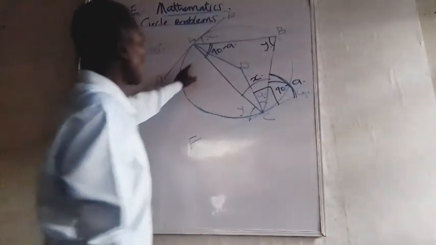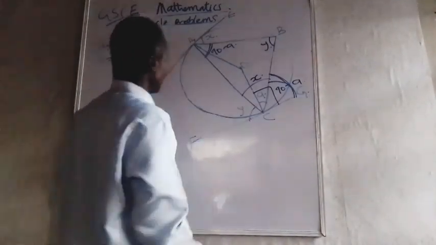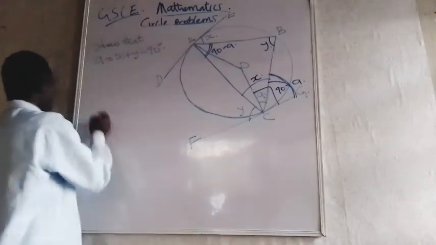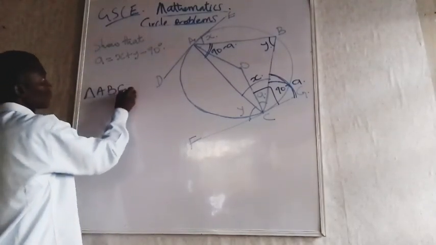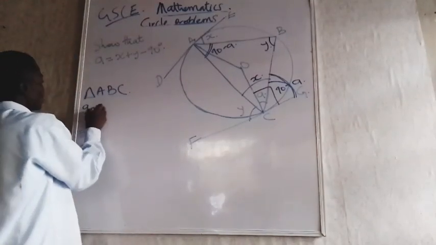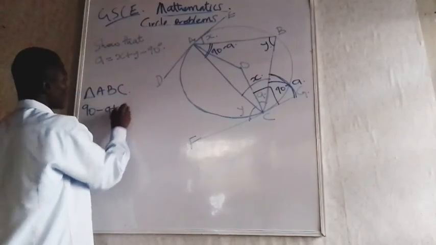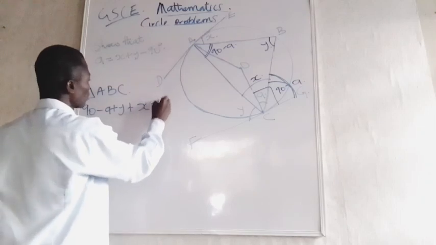Now, let's add all the angles in triangle ABC. Angles in triangle ABC. We have 90 minus A plus Y plus X is equal to 180 degrees.